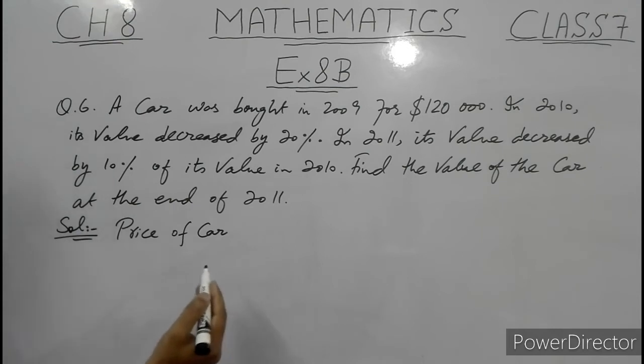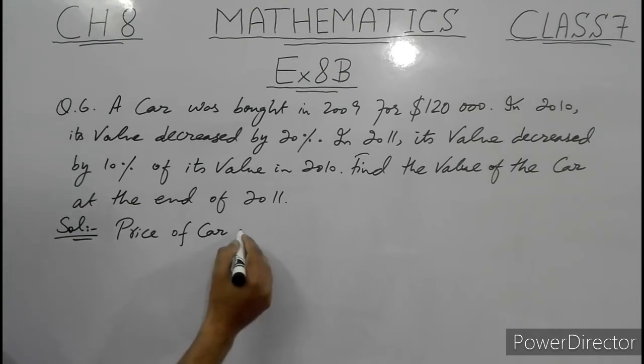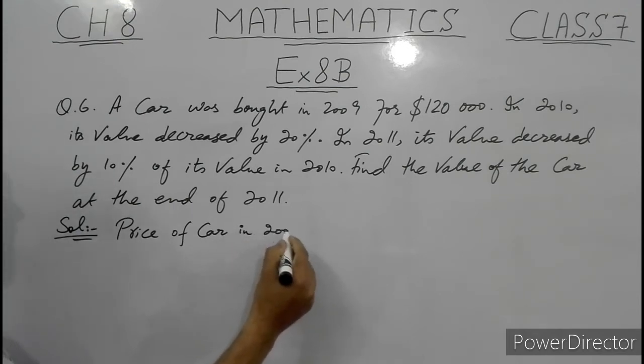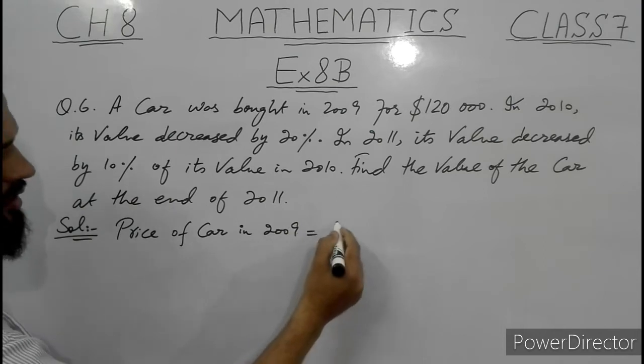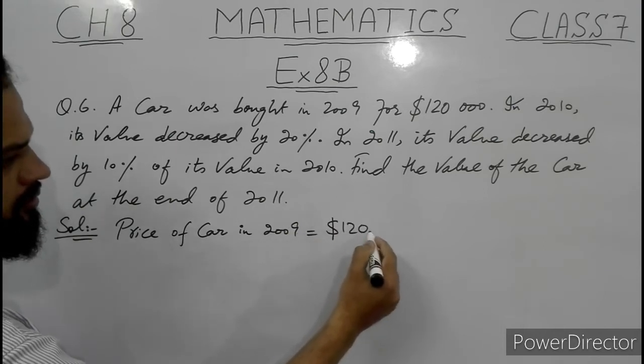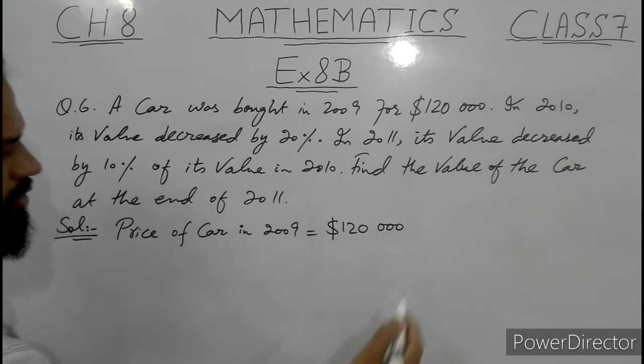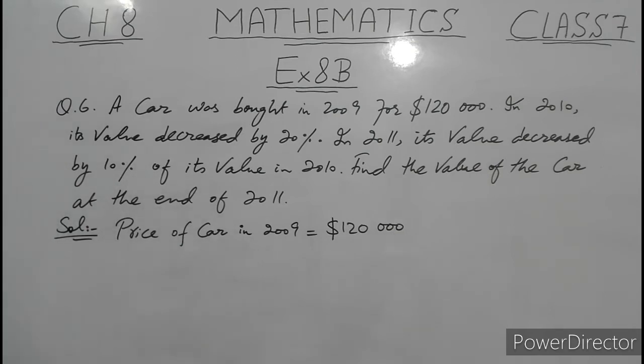Price of car, or you can say value of car, in 2009 is 1,20,000. In 2010, its value decreased by 20%. So in 2010, it will become 100% minus 20%.